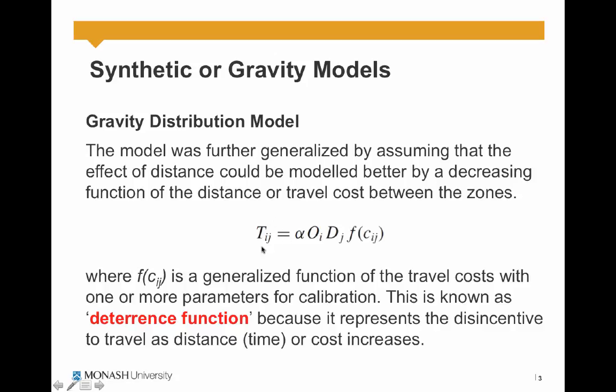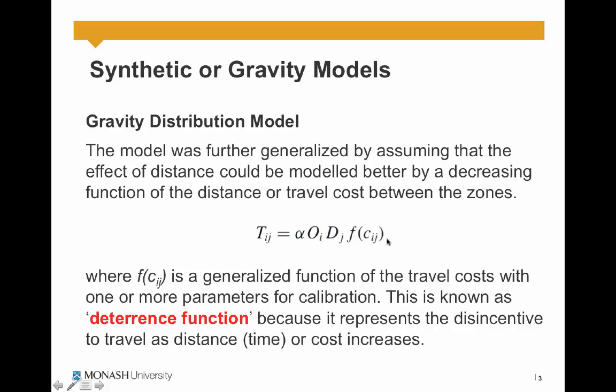Therefore, Tij, the number of trips going from i to j, can be estimated by a proportionality factor multiplied by Oi, which is the number of trips produced at zone i, multiplied by Dj, the number of trips attracted at zone j, multiplied by a generalized function of the travel cost.